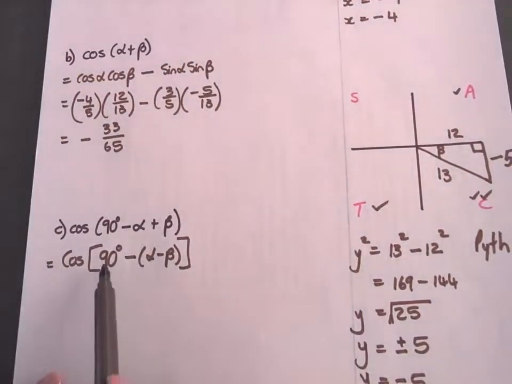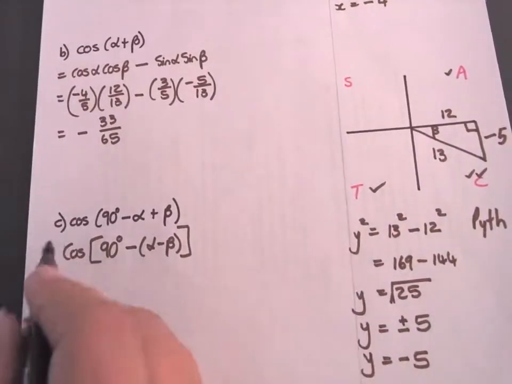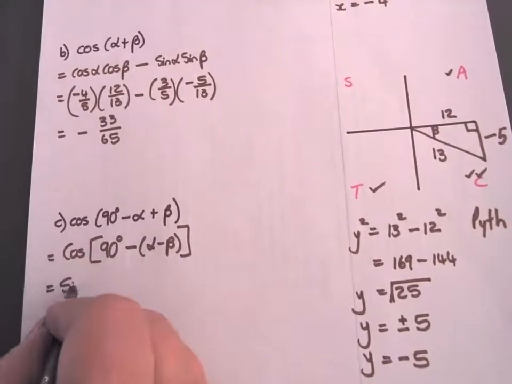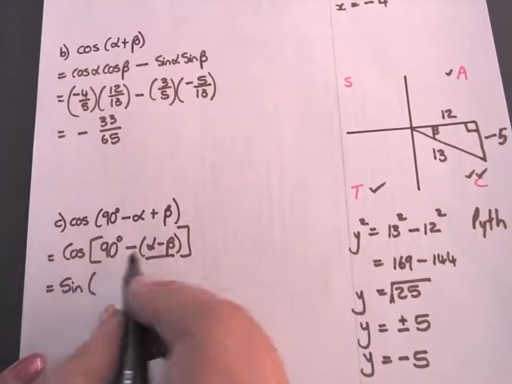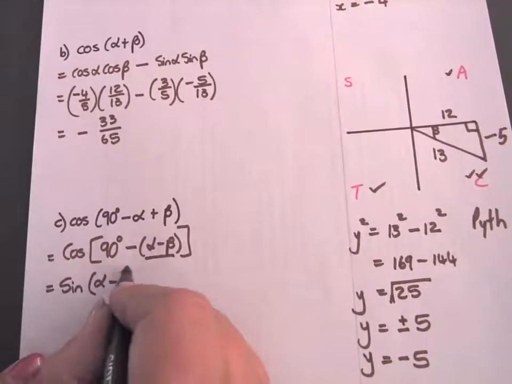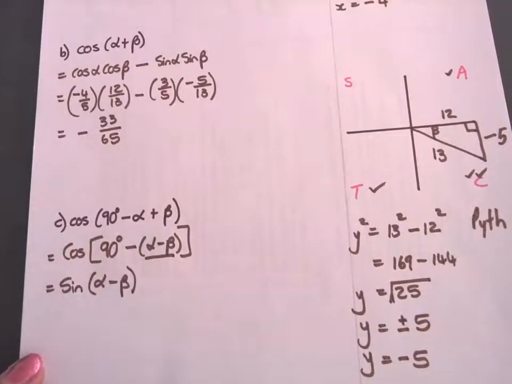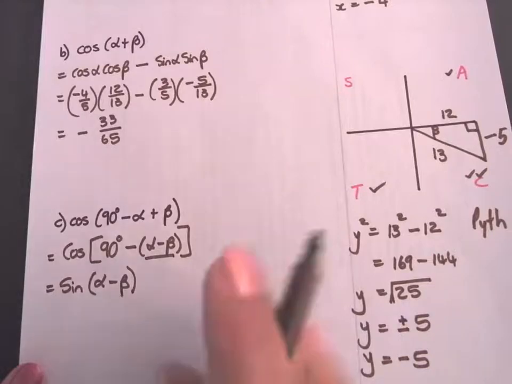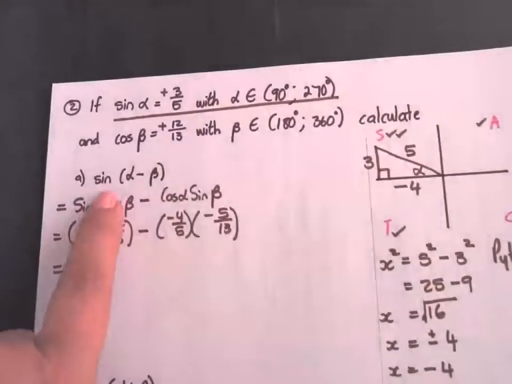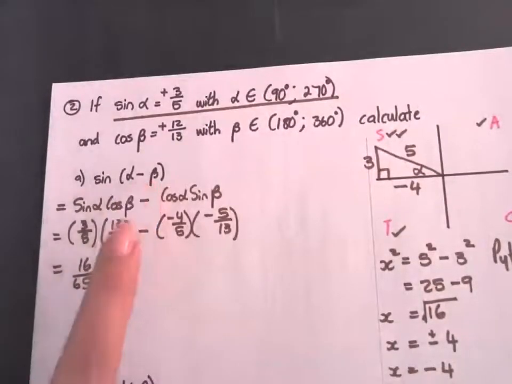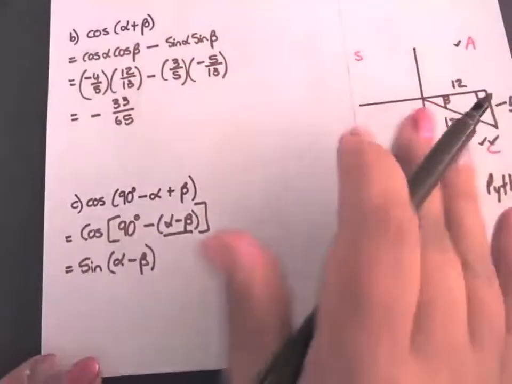Now I have a 90 minus something, and I use my co-function. Cos changes to sine, and we use that angle. Now we have sine alpha minus beta. We did that sum in number A, and it's 16 over 65.